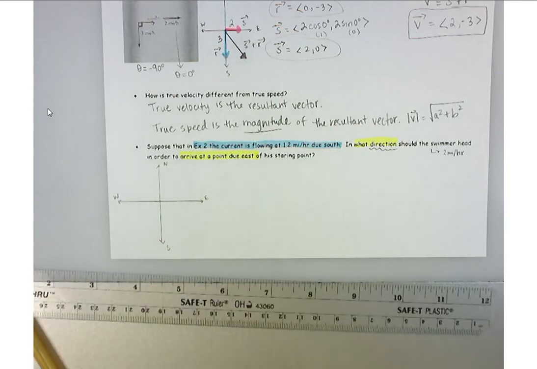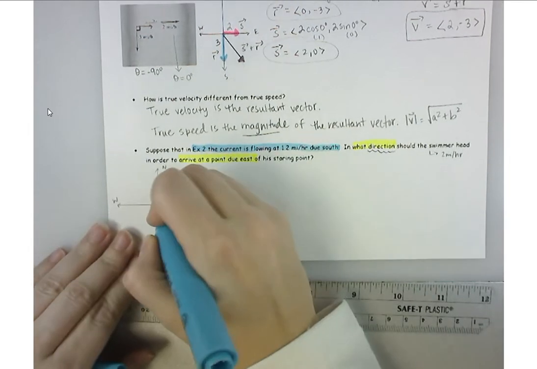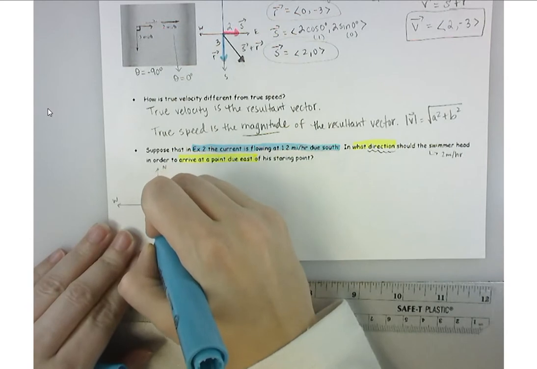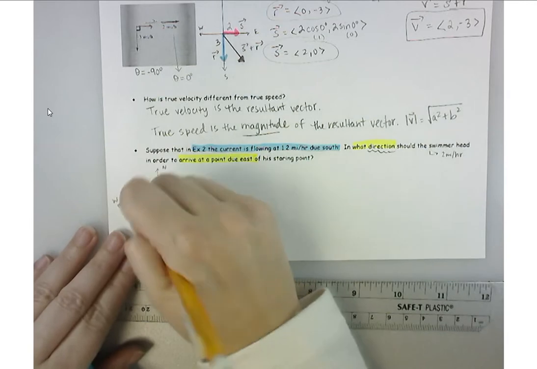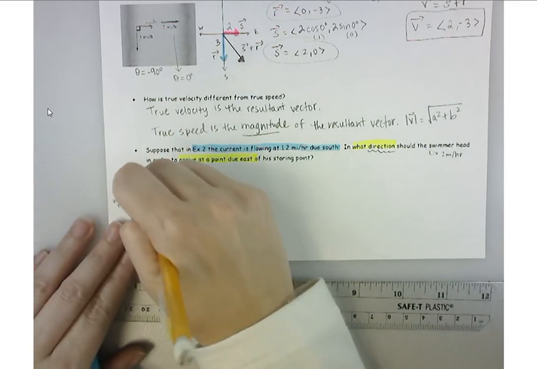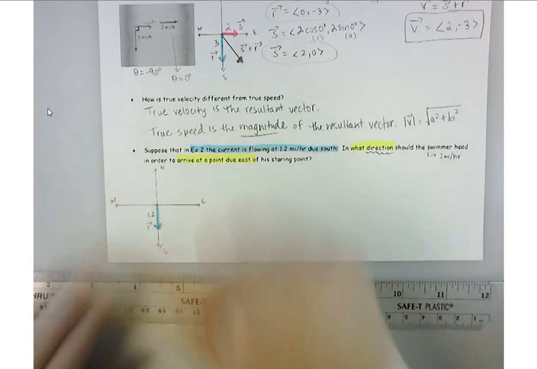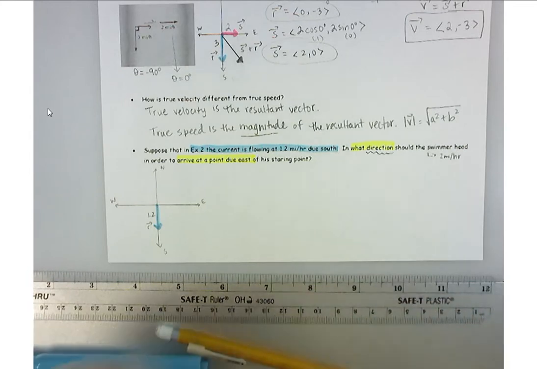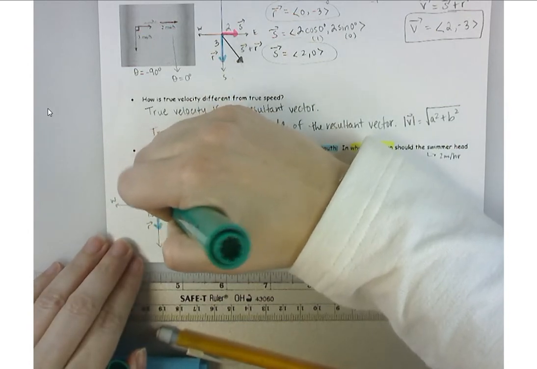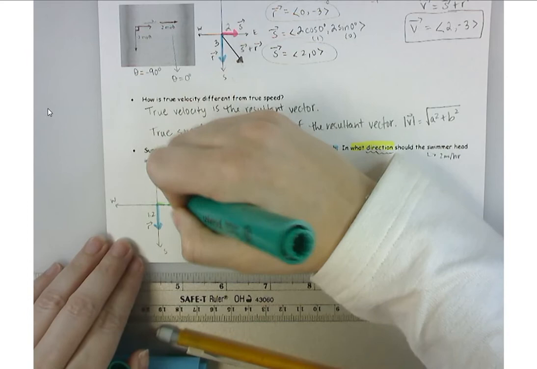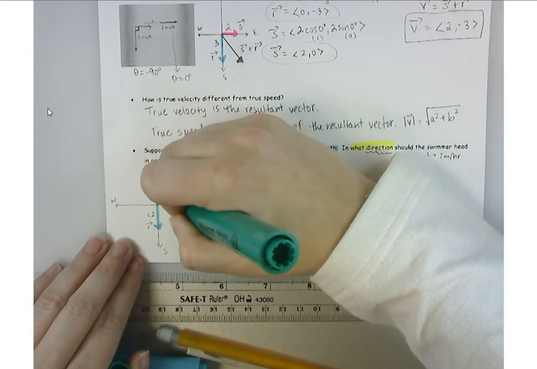So the river is 1.2. Okay, we don't know where the swimmer is going to go, so what I draw first is the resultant vector. And to show that it's the resultant vector, I do that dashed.